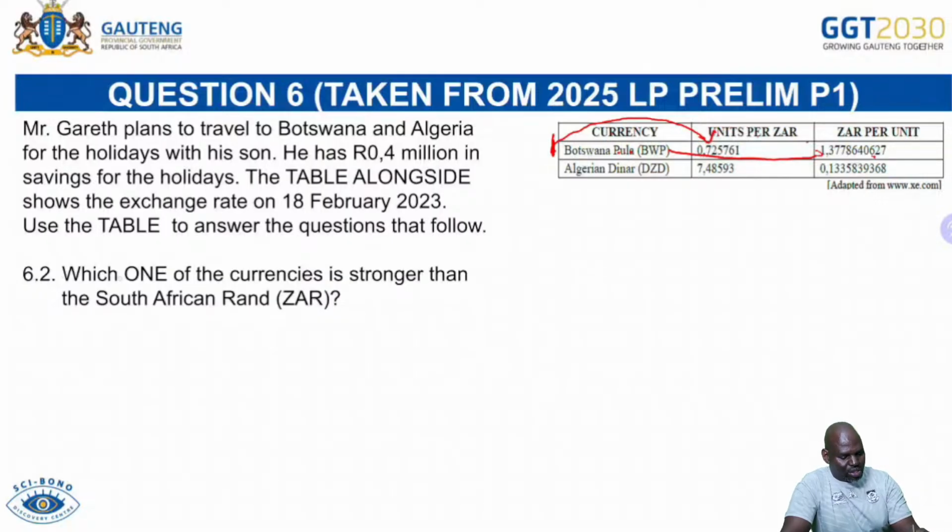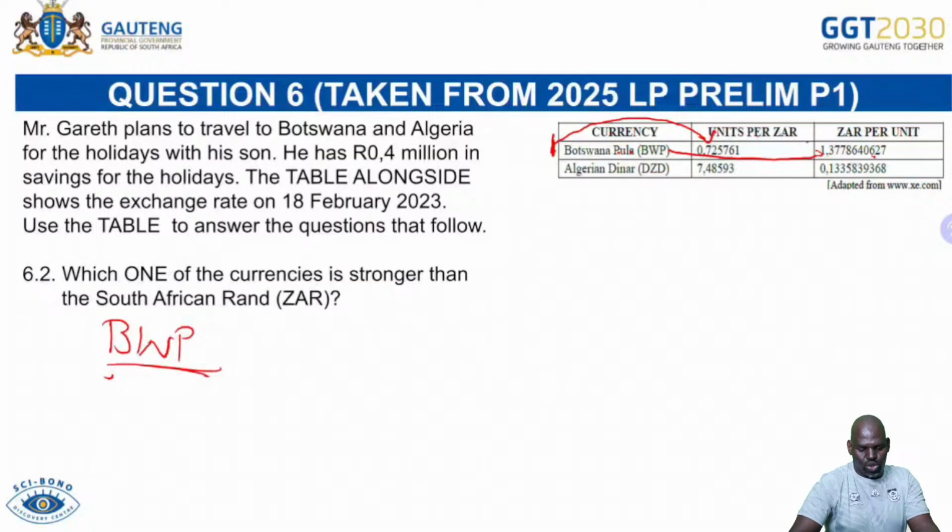In this case, they ask which one of the currencies is stronger than the South African rand. So that is the Botswana Pula, BWP. Botswana Pula is stronger than the South African rand. But if you have somebody from Algeria, with the Algerian dinar, if they bring 1 Algerian dinar, they will get more rands.